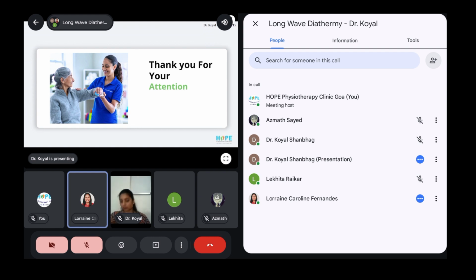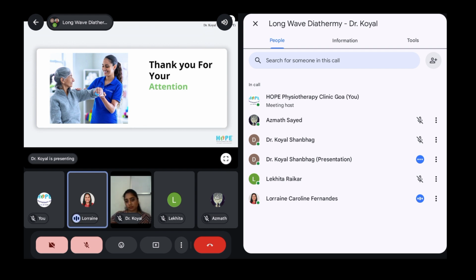Great job, Koyal. You've covered all the topics, right from the theory behind it, its applications, indications, contraindications, and comparative studies proving its effectiveness. At the end of the day, whether it is our laser, our LWD, or our IFT machines, they are machines to help us do our job better, to get a better result.